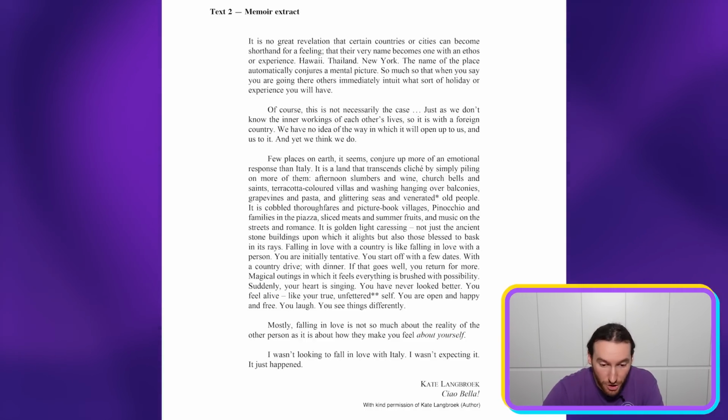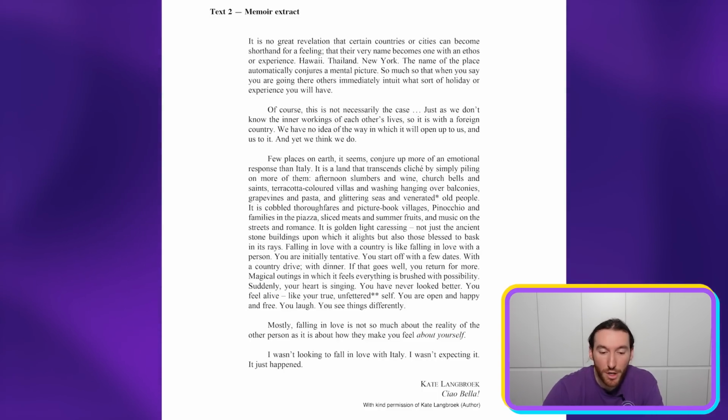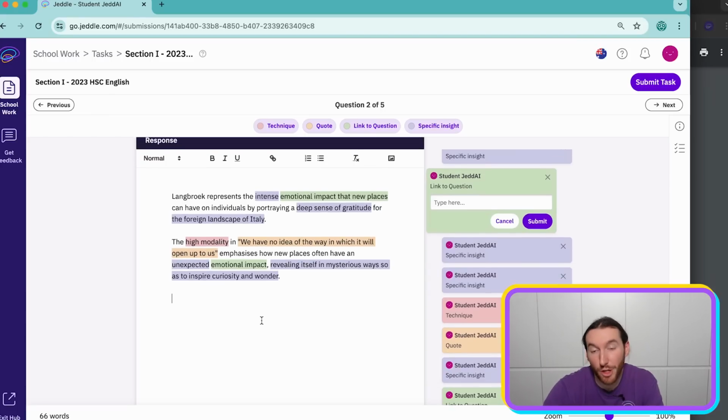The accumulation of cliches, for example, afternoon slumbers and wine, church bells and saints. I'm just going to do 2 of them. You only need to do the bare minimum. I need to show at least 2 to show that there's a list going on for accumulation, but that's more than enough. Okay, so we can go additionally.